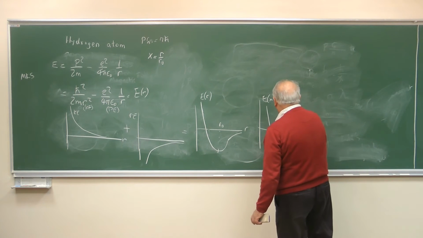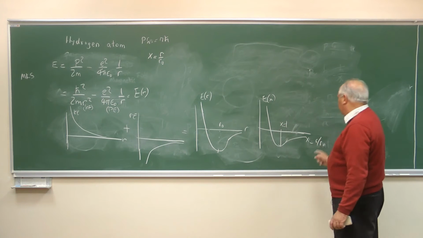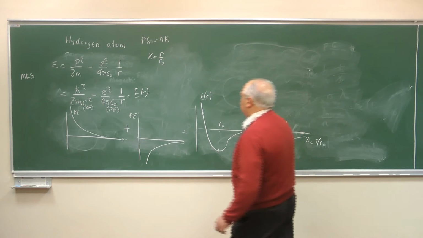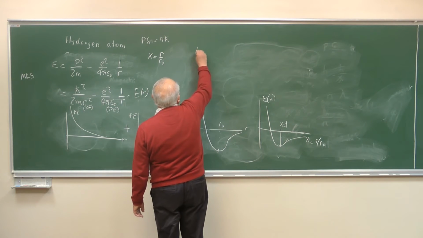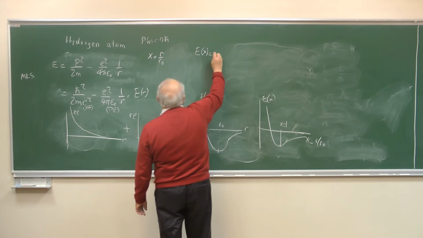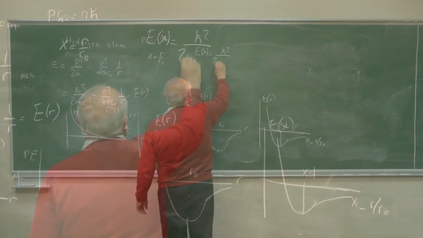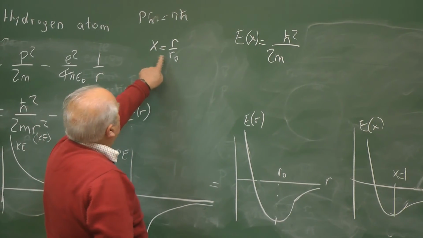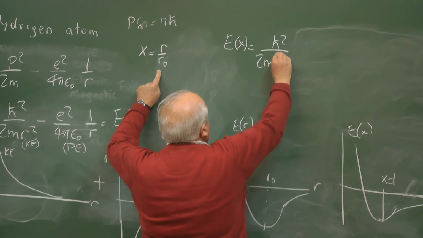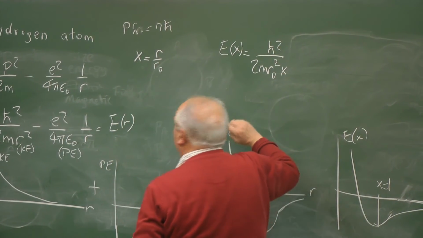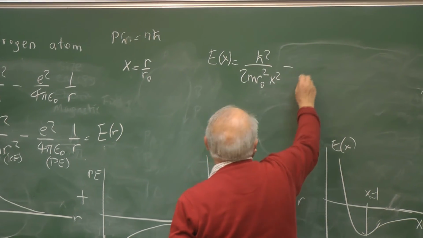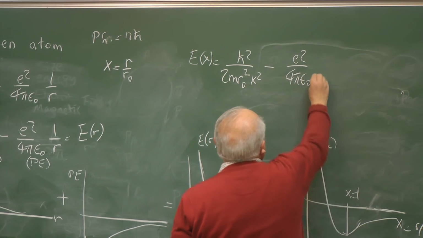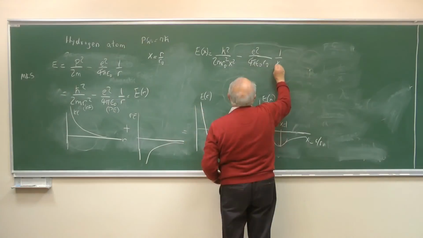So the minimum is at x equals 1 by construction, except that we don't know what r0 is. So let's write energy in terms of x. E of x is h bar square over 2m, R is x times r0, so it is r0 square times x square, minus e square over 4 pi epsilon 0 r0 times 1 over x.